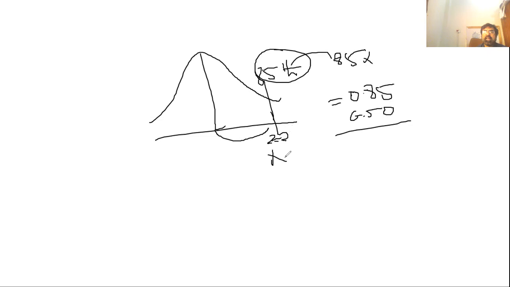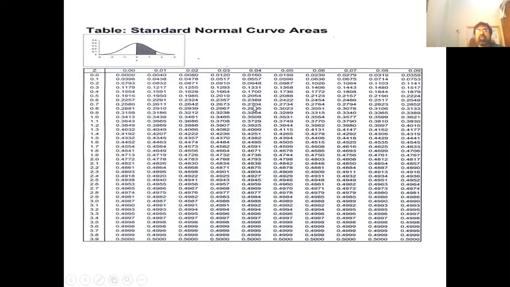And then the X. And this will become 0.35. Now we will look this area 0.3500 in the Z table, and we will determine the Z value.